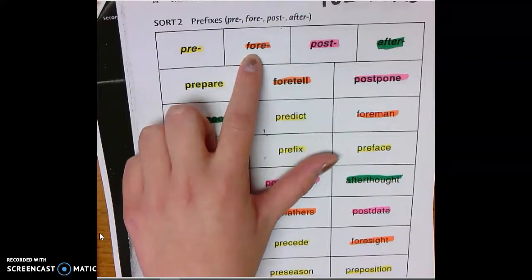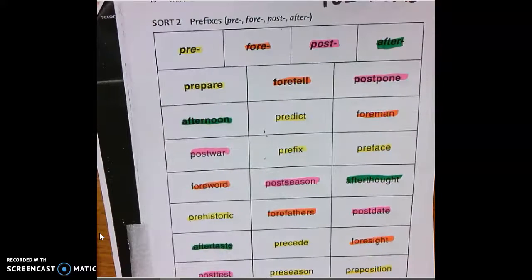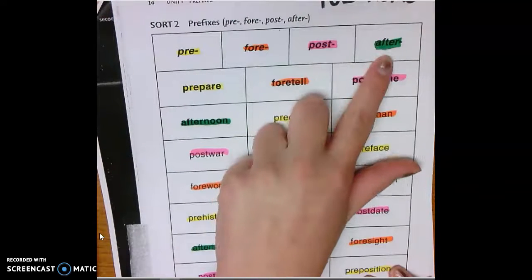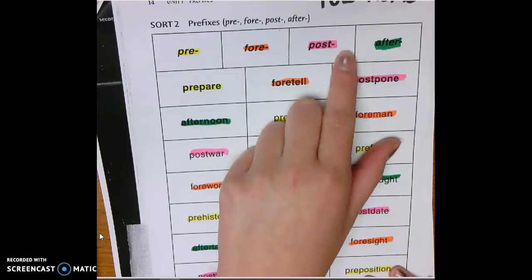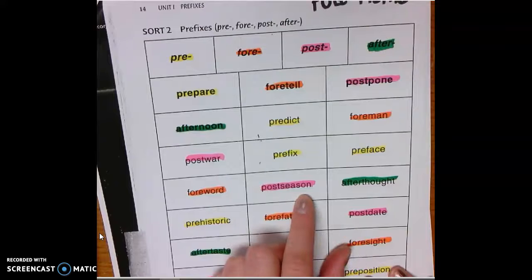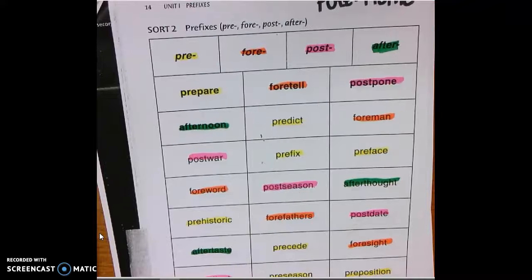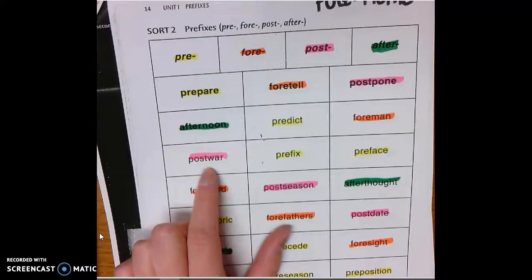For also means before, like foretell or foresee something happening before it actually happens. And then post and after both mean after. Postpone, postdate, which means after the date, postseason, which means after the season. If we were going to say what postseason we are in, we're in post-summer, after summer. Post-war, after the war.